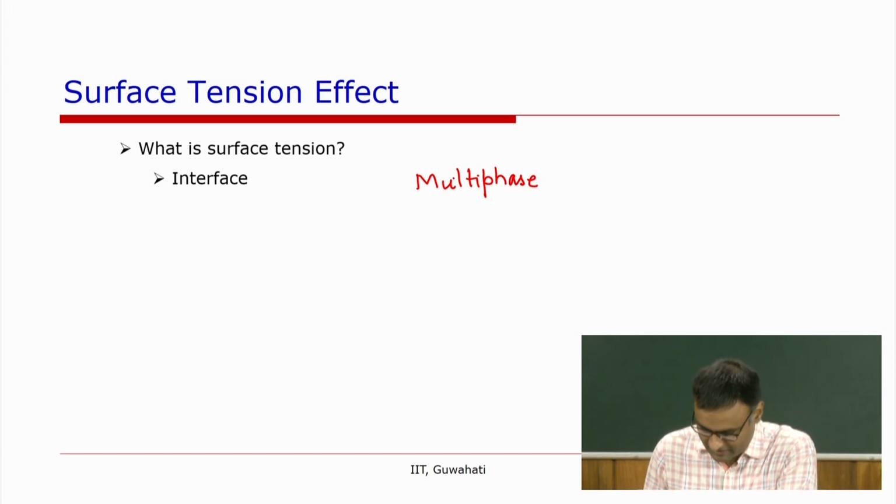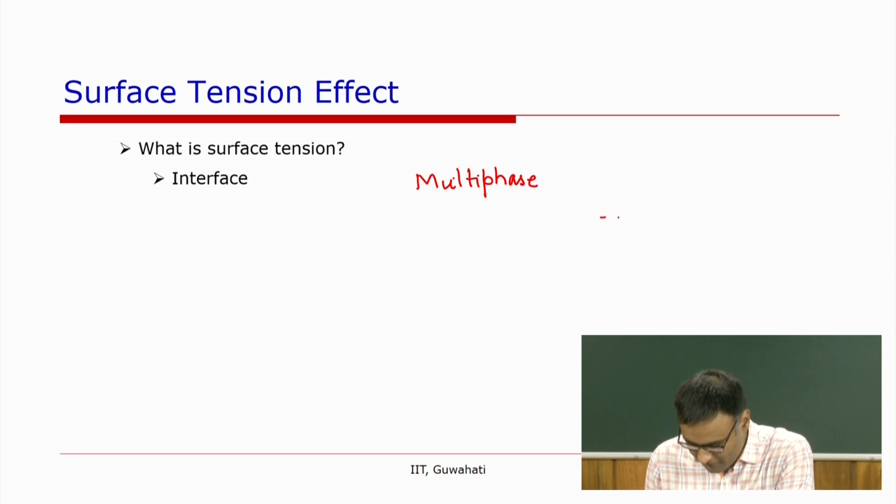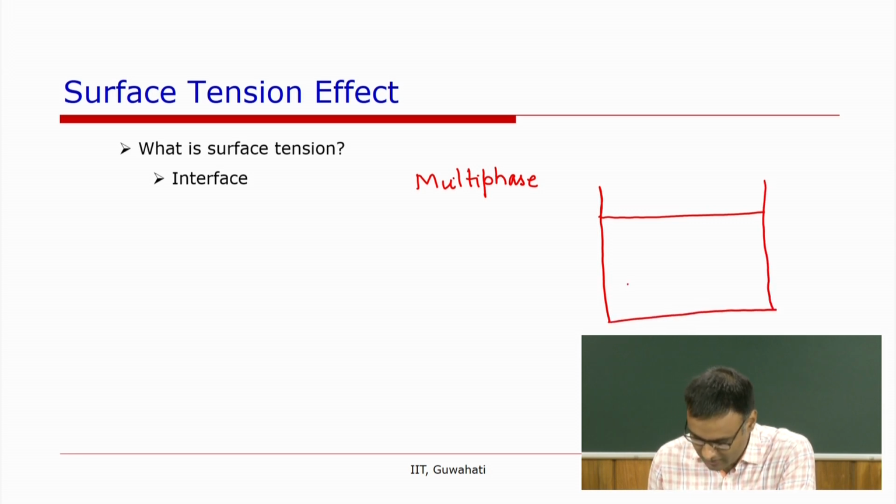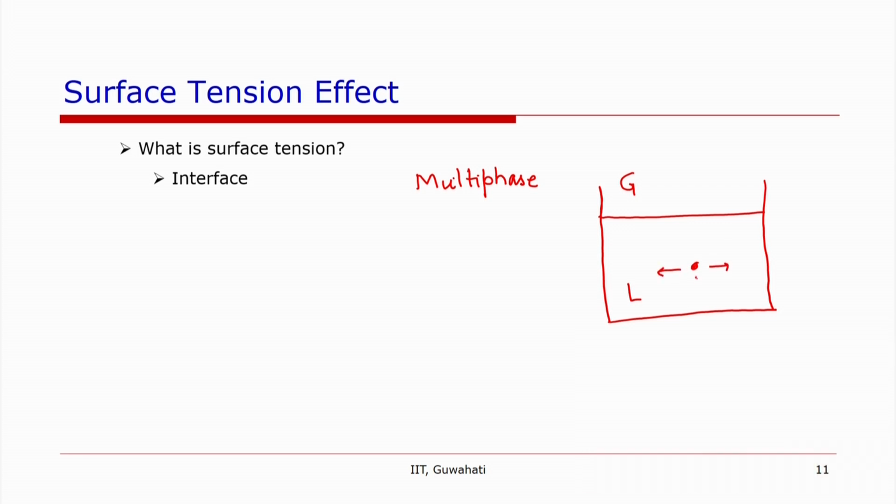Now, what is surface tension? If we have a bulk fluid, let us talk about having a liquid and a gas above it. If there is a fluid molecule in the center, it will be attracted by different molecules from all the sides, so it will have an equilibrium.